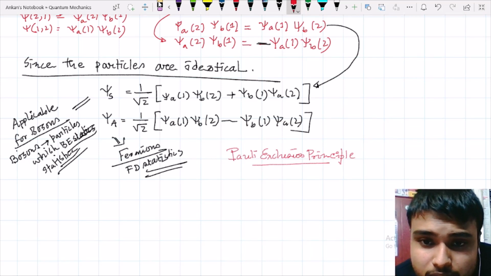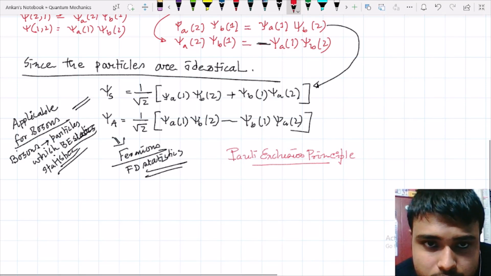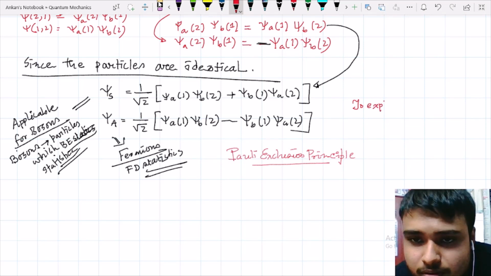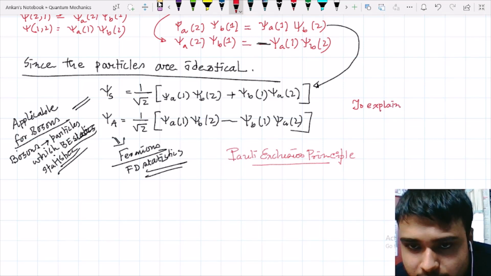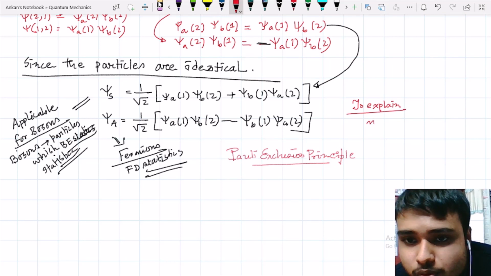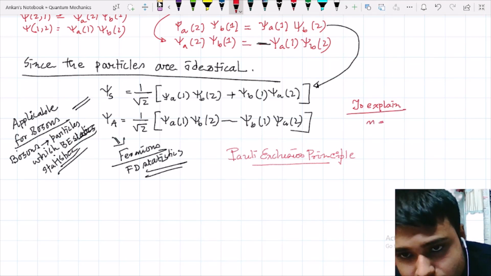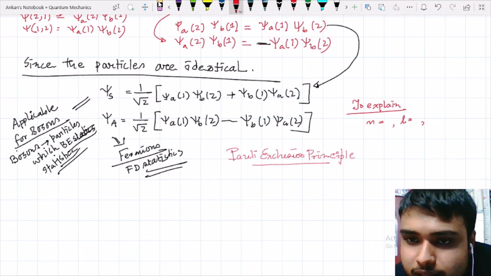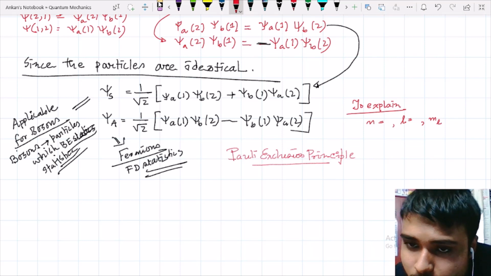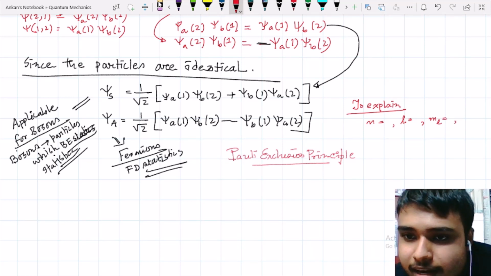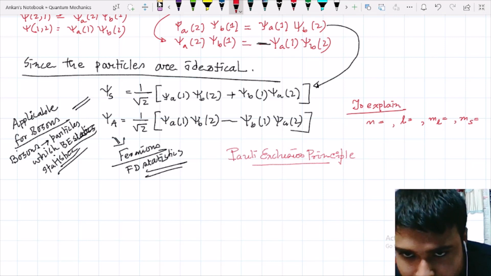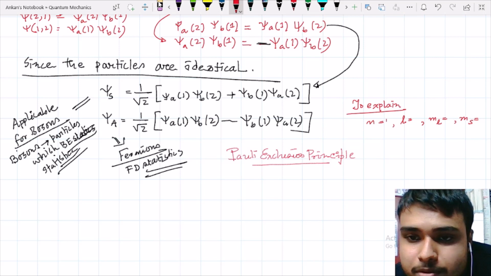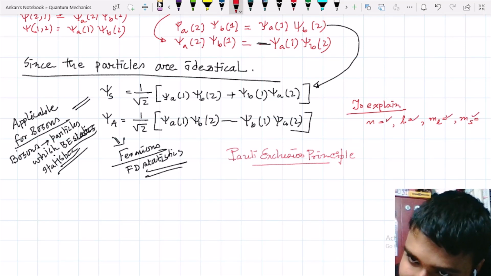To explain the state of an electron quantum particle, we have to identify four quantum numbers: n, which is known as the principal quantum number; l, the orbital angular momentum quantum number; ml, the orbital magnetic quantum number; and ms, the spin magnetic quantum number. So to explain the state of an electron, we have to consider n, l, ml and ms.